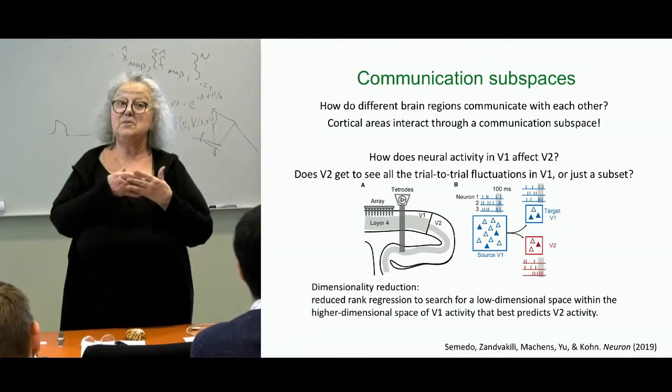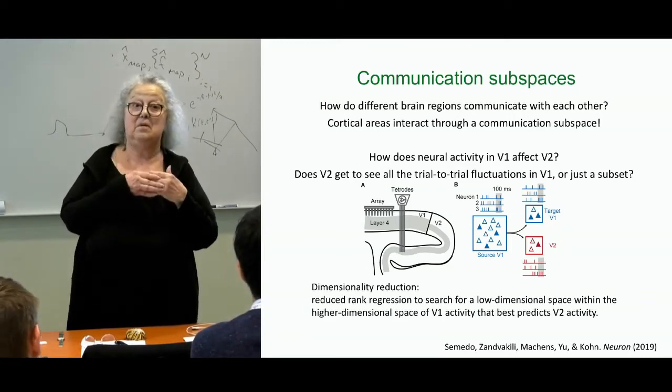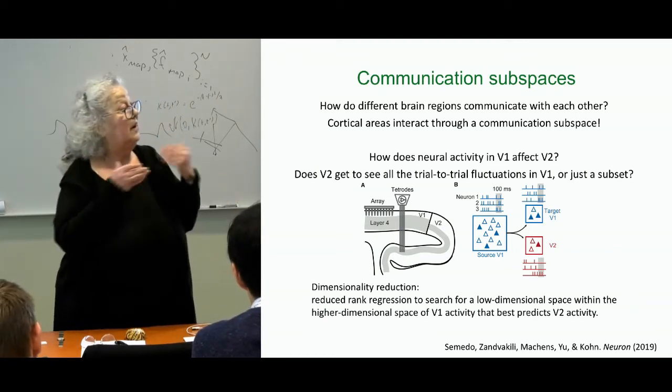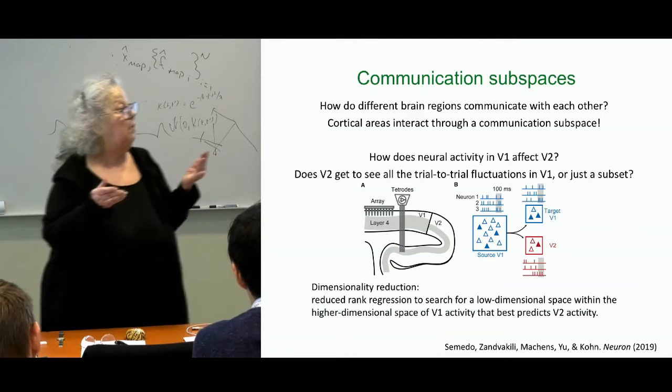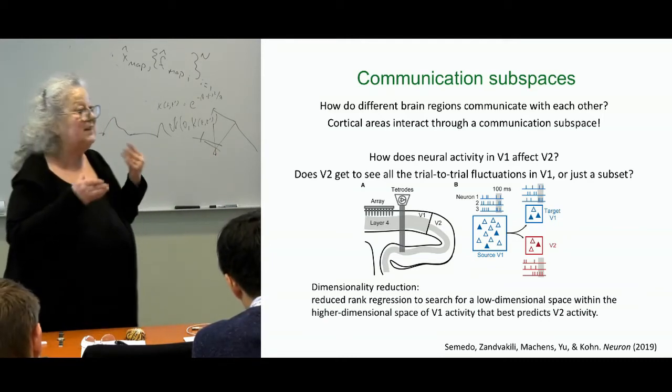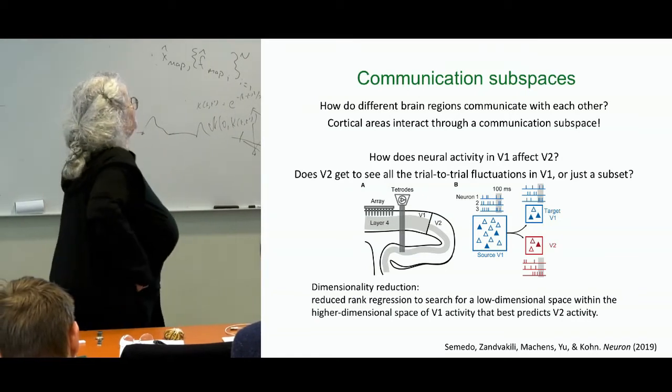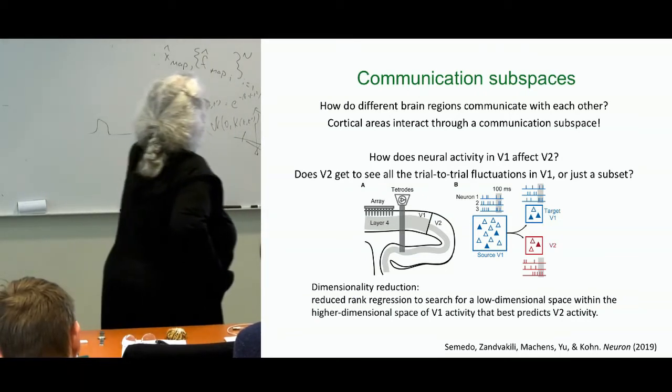And this defines a subspace in V1, which is not the same as the subspace that you would get if you did an unsupervised principal component analysis in V1, because it's not about variance in V1, it's about how V1 drives V2. So this is totally different, totally beautiful work.